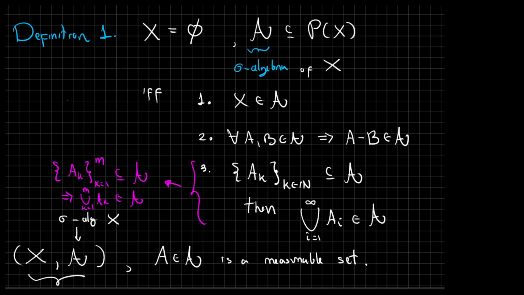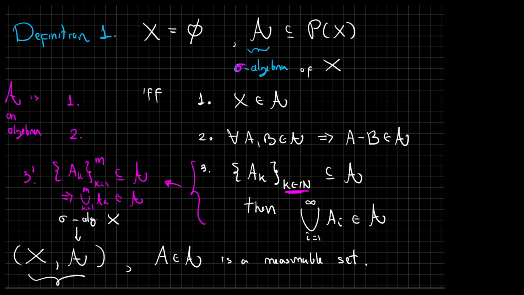Then if properties 1 and 2 also hold, this new property will imply that A is an algebra. So we say that it is a sigma algebra when you can do this not only for finite families, but also for countable families, which could be, of course, countably infinite families.